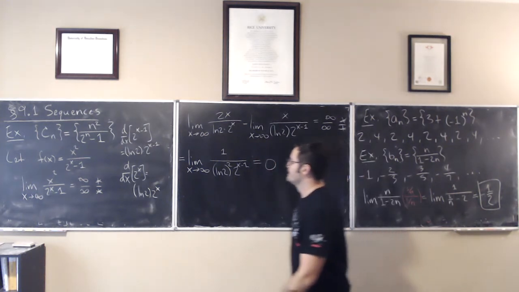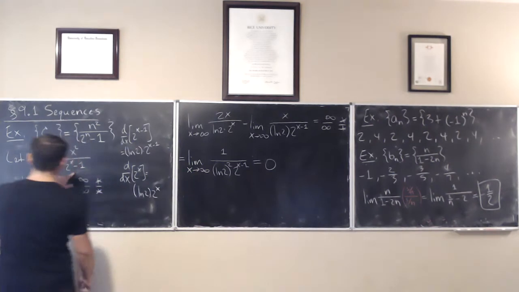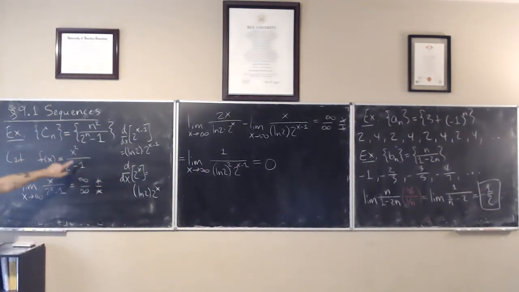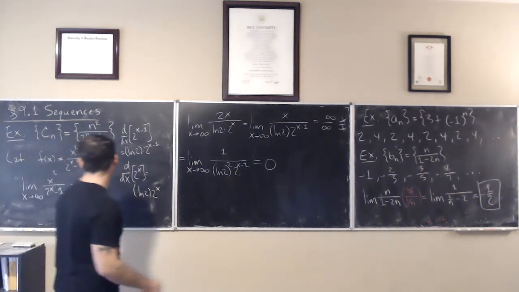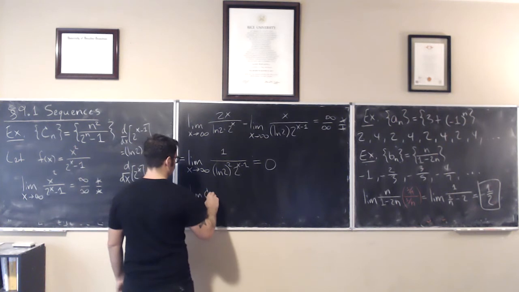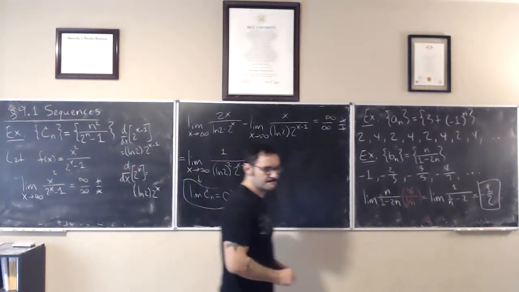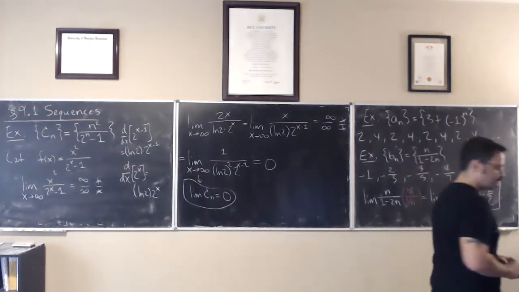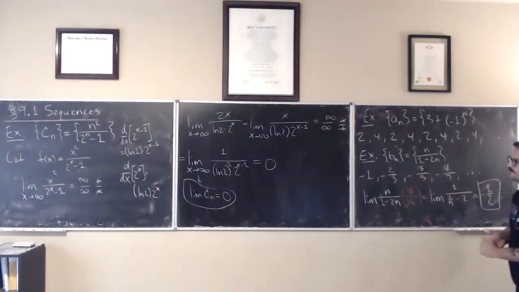Okay. Now, since this goes to 0, and the sequence is equal to the function for every positive integer, we conclude that the limit of Cn is equal to 0. Done. Okay.